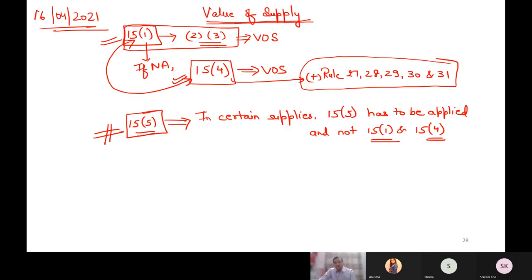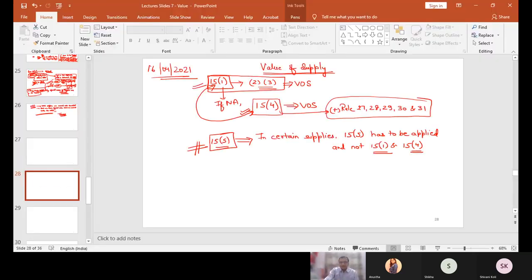In some cases, it is a must to apply 15.5. I cannot check in those cases 15.1 and 15.4. If this concept is clear, please raise your hand. What I have said, if it is clear, then please raise your hand.